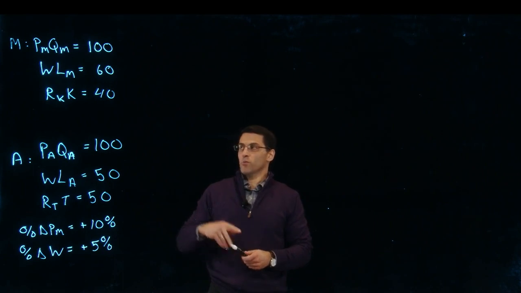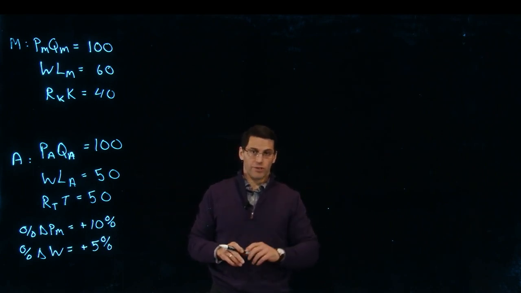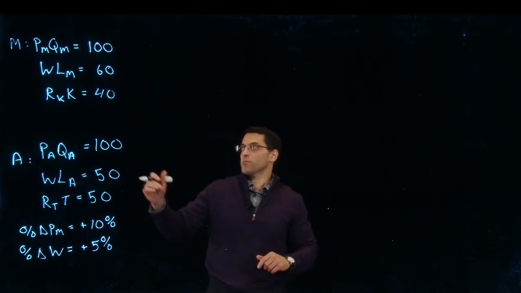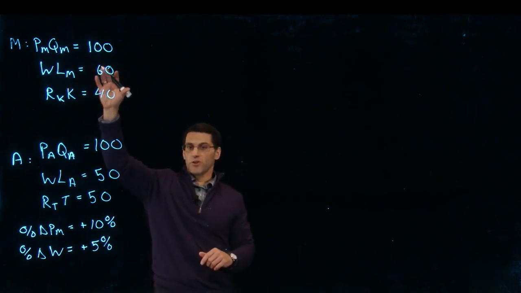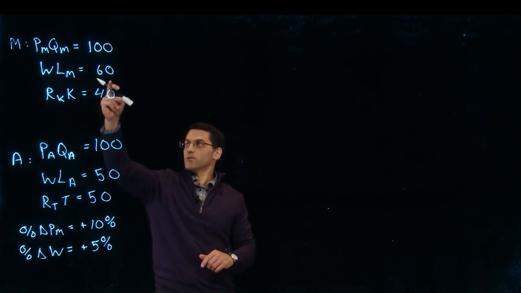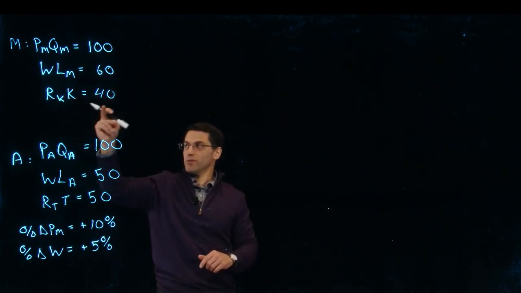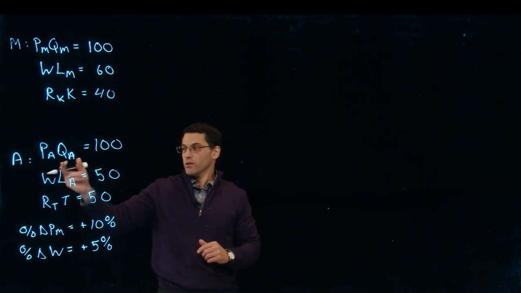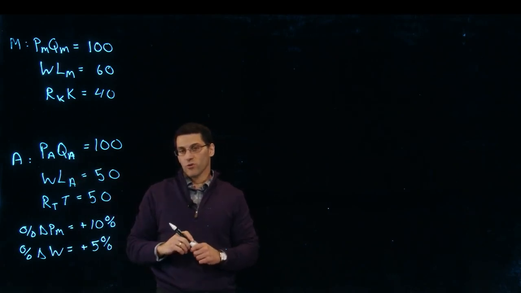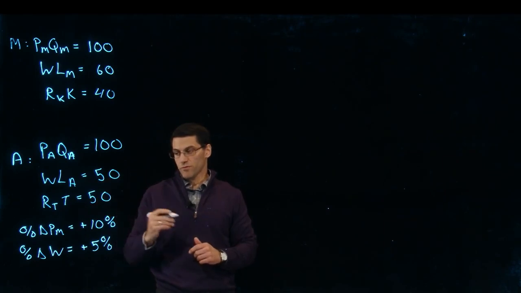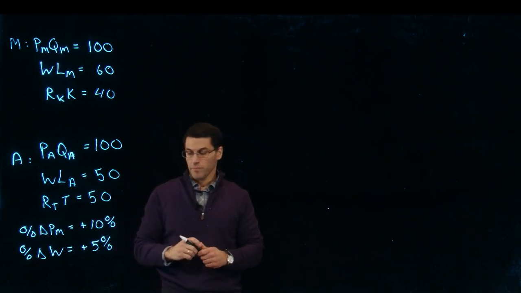We're going to make this example match what we did graphically a few minutes ago. In the setup, total revenue in the manufacturing sector is 100, payments to labor are 60, payments to capital are 40. Keeping things simple, total revenue in agriculture is 100, payments to labor are 50, payments to capital are 50.